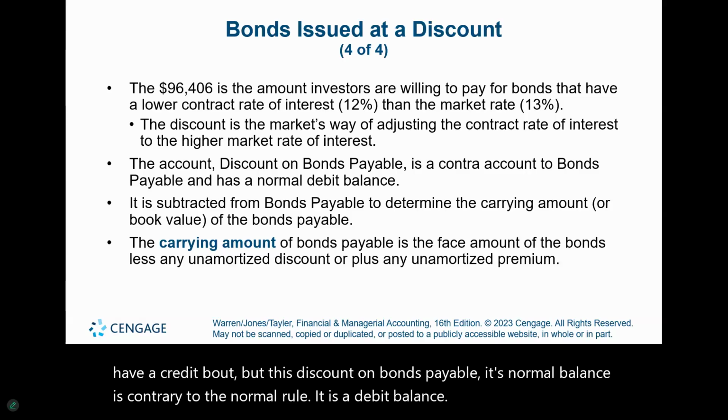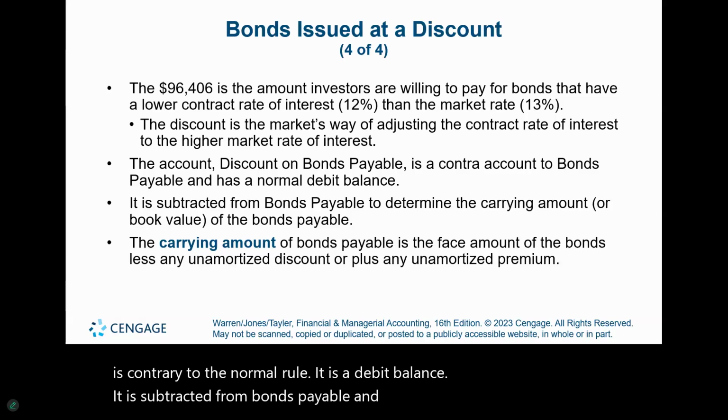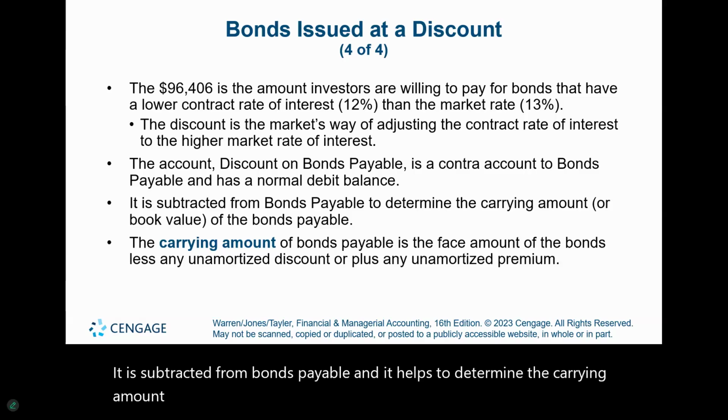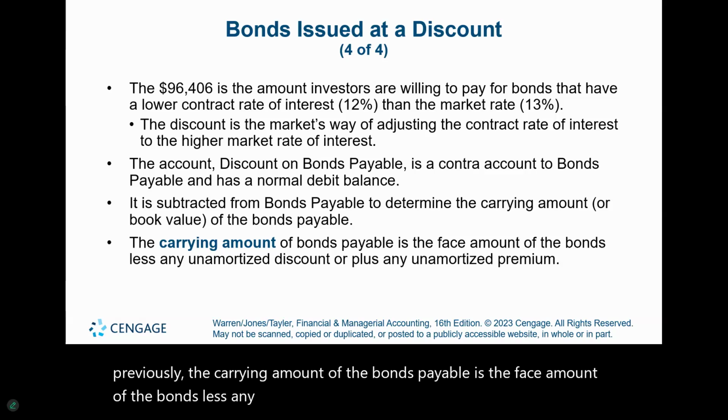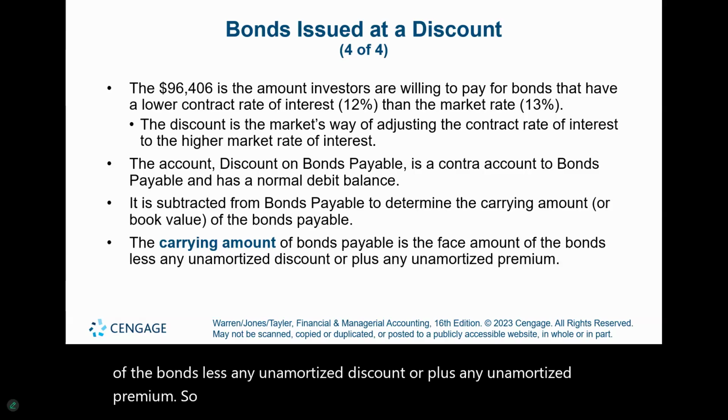It is subtracted from bonds payable, and it helps to determine the carrying amount or the book value of the bonds payable. And as mentioned previously, the carrying amount of the bonds payable is the face amount of the bonds less any unamortized discount or plus any unamortized premium. So once bonds are being issued at a discount or a premium, we're going to explore this fundamental concept of amortization.